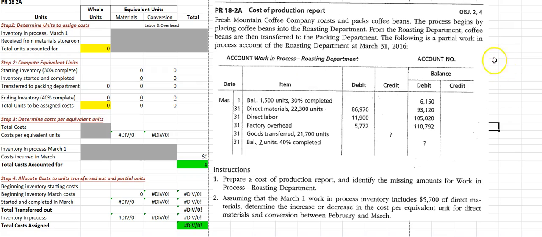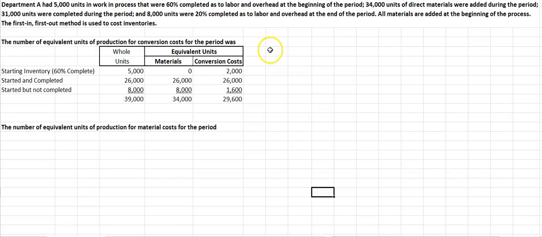So hopefully you'll get a better idea of what is a cost of production report. This is used for a cost processing system. And then we're going to do an example that is more similar to what you will have on the test. And you'll have 2 questions very similar to this on the test.